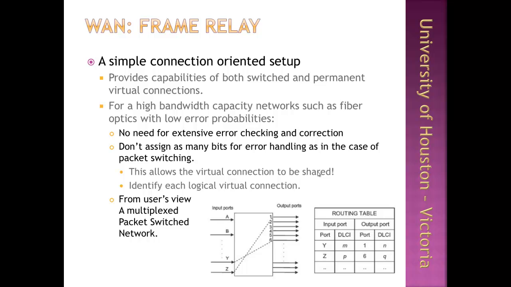So let's look at this picture and see how it works. When you look at this frame relay example, you have input ports A through Z, and when the packets come in, the ports are mapped onto different output ports. So when you're getting your input packets, they go through the ports and are multiplexed out of the output ports.